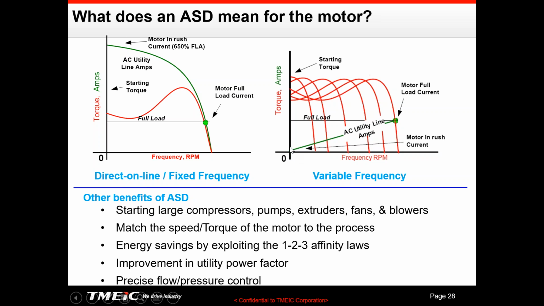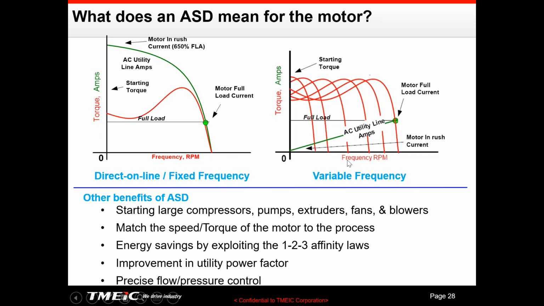But the point is, over the full speed range, you can keep the motor amps under the motor full load amps. That's a big benefit, right? And also the torque: with DOL, you have to reach the breakdown torque, maybe at 70 or 80% of the motor speed.